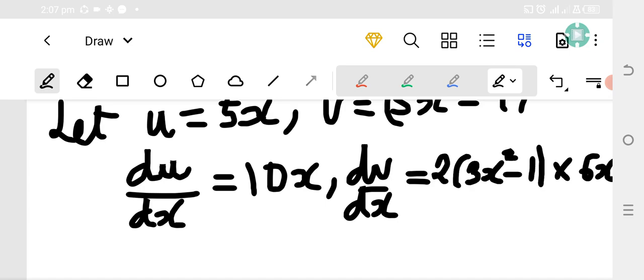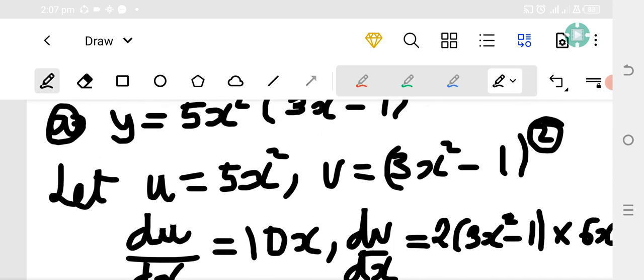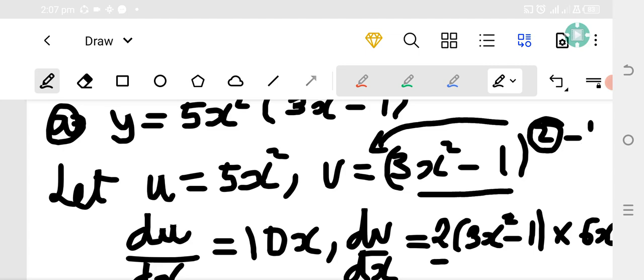As you can see, for those that may be wondering, I got this power 2 and dropped the 2, multiplied by whatever was in front of the bracket, and there was a 1, so the 2 just stayed there. I maintained what is inside, which is called the core, 3x squared minus 1, and the core lost the power, it became power 1, which we don't write.